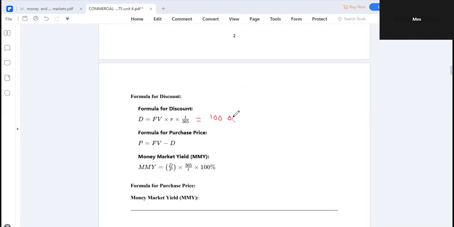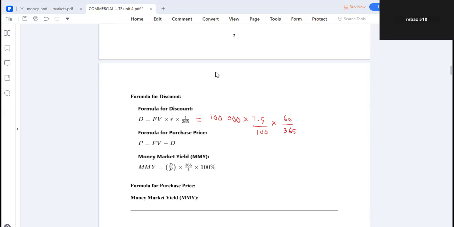Then what was our rate? 7.5%. And what was our time? 60 over what? 365.